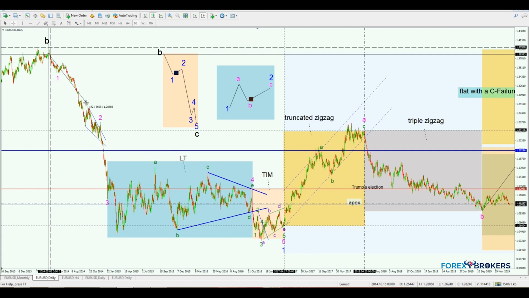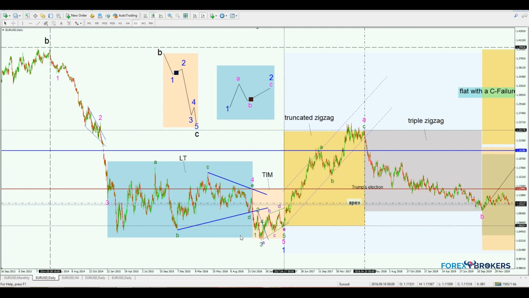Because you see the numbers. It is labeled with numbers 1, 2, 3, 4, 5. So if you decide that this is impulsive, then it's not possible to be corrective anymore. There are so many rules for the market to respect in an impulsive way that it's impossible for it to be corrective.